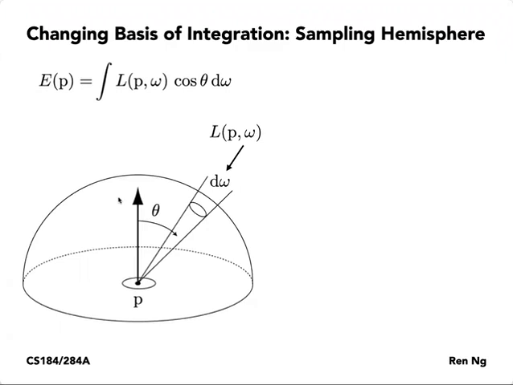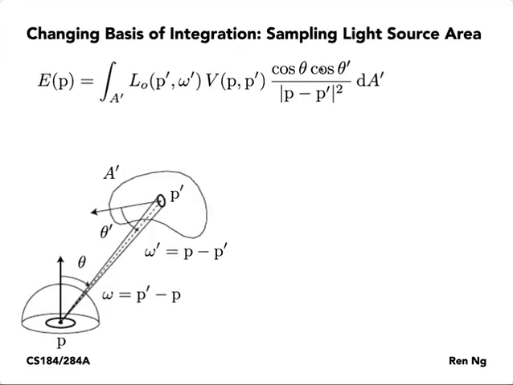It's the same value, right? This integral that we are aiming to get for a certain position on the ground plane is going to give us a real number, and we want to get the same real number as if we sample over the area of the light sources.